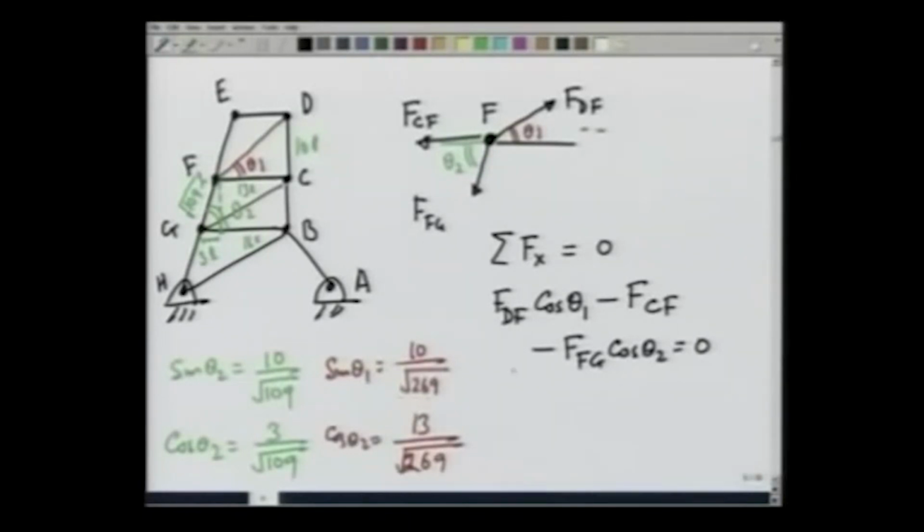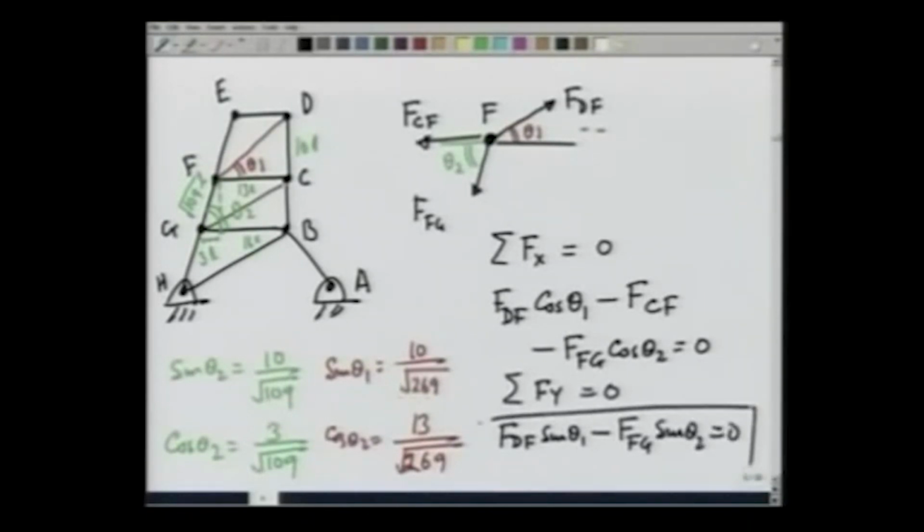Similarly, summation Fy equals 0 gives me F_DF sine theta 1 minus F_FG sine theta 2 equals 0. From the second equation, I can find F_FG right away.